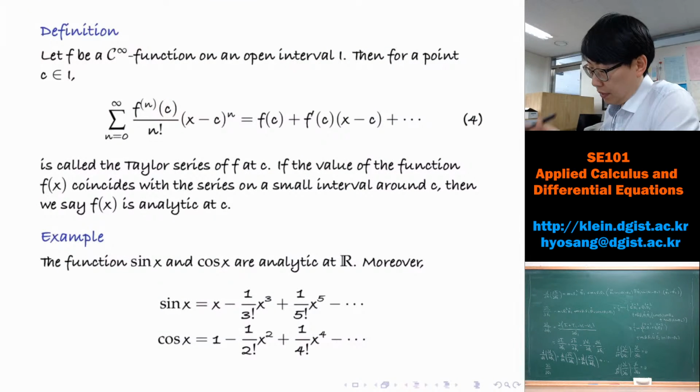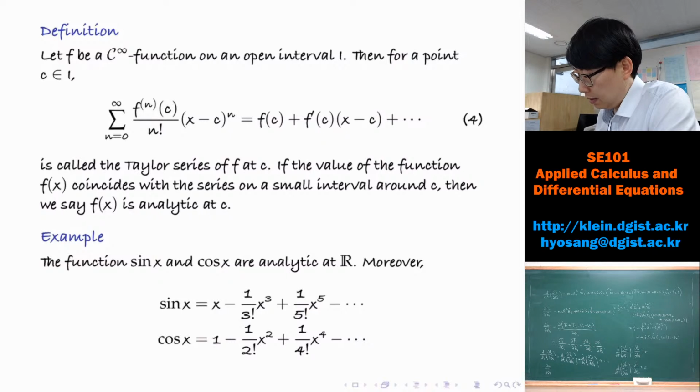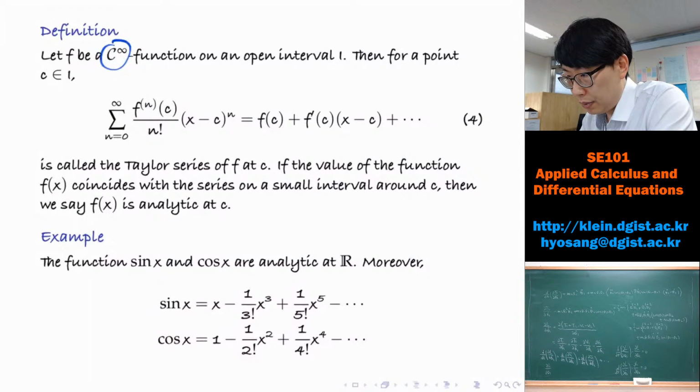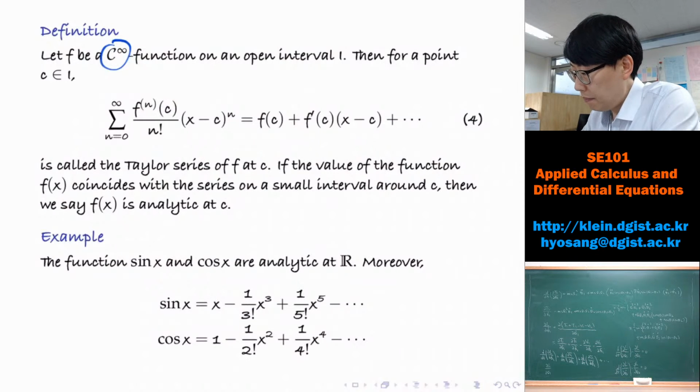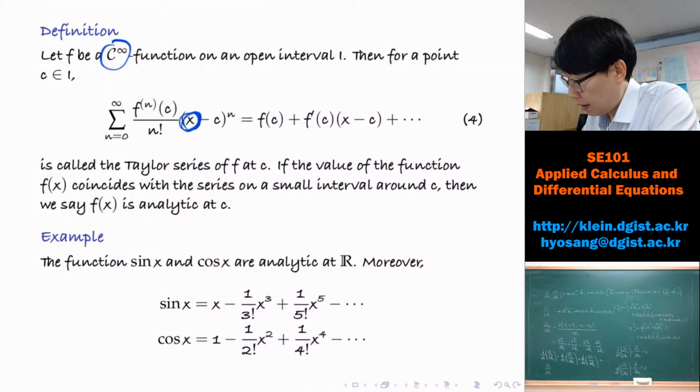At the beginning of the previous lecture, we briefly mentioned linear approximation and Taylor series, and this is the definition of the Taylor series. Basically, you have a function which is infinitely differentiable. Then there is a series, an infinite sum, containing x minus c to the nth power terms, and the coefficients are the nth order derivative at c divided by n factorial.